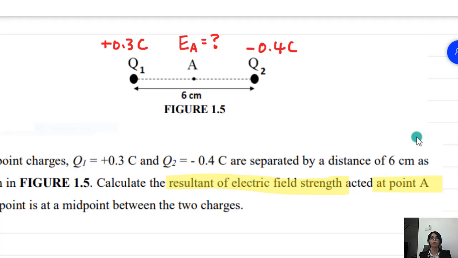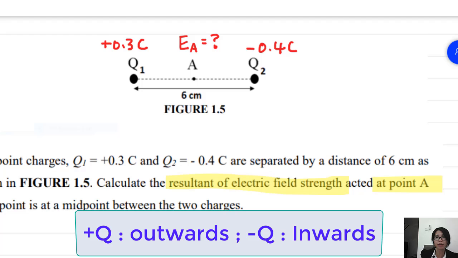So, in order to find the resultant of electric field strength, we have to draw the vector for the electric field first. Kita kena lukis vector dia dulu. If we recall the video concept that we discussed before this, electric field vector will be outward from charge positive and inward for charge negative.